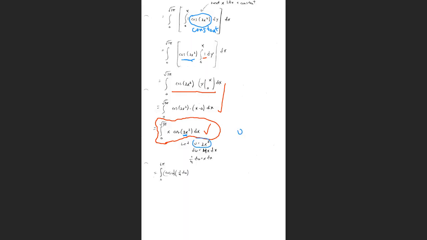Then du/dx equals 4x, and so du is 4x dx, and so 1/4 du equals x dx.